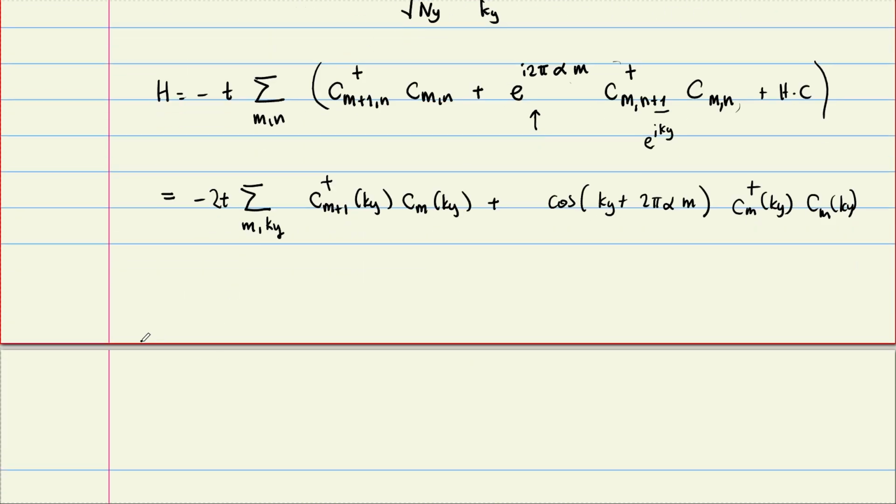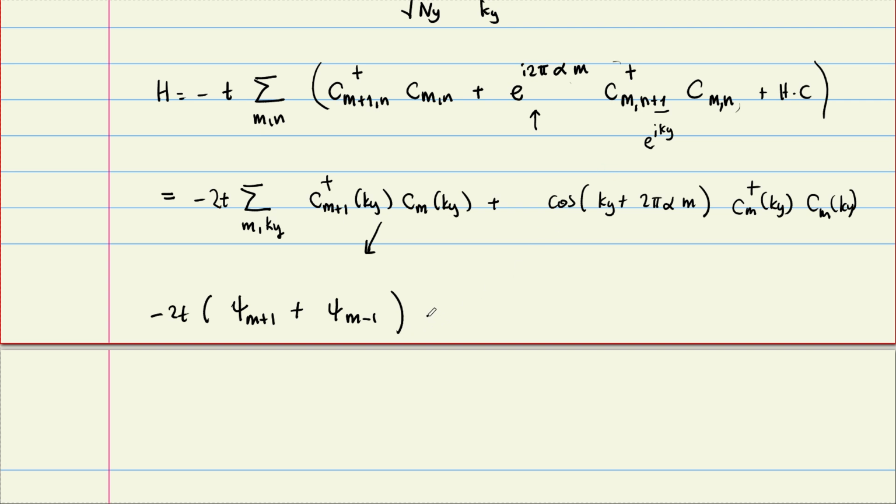So this is going to be, you can see minus 2t, there are two terms. I will have psi m plus 1. Let me not write ky, not to clutter it, but there's also ky here, plus psi m minus 1. So this is going to give that.